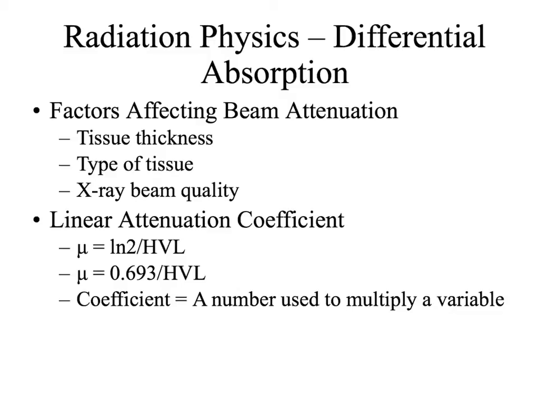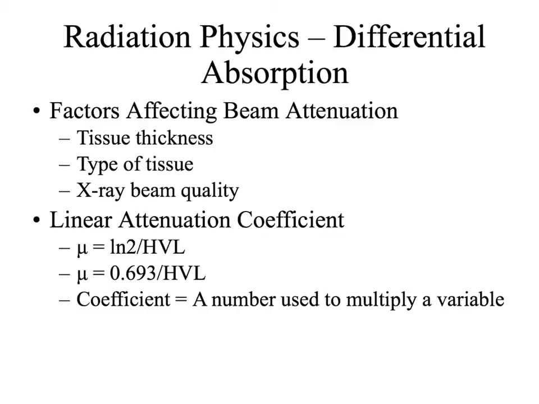So, thinking about differential absorption and how this really works in terms of computing this information, we need to think about the factors inside the patient that contribute to different kinds of beam attenuation. So that's going to be tissue thickness, the type of tissue, and then X-ray beam quality, right?